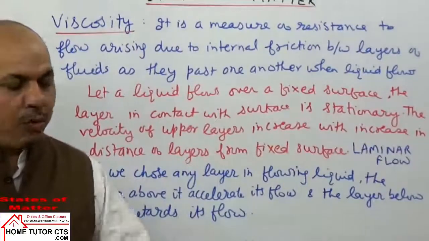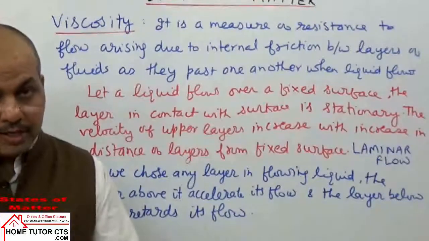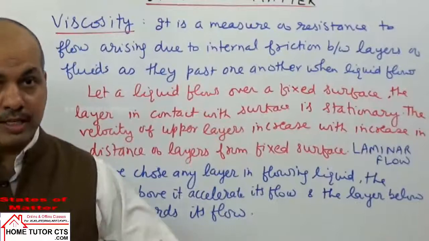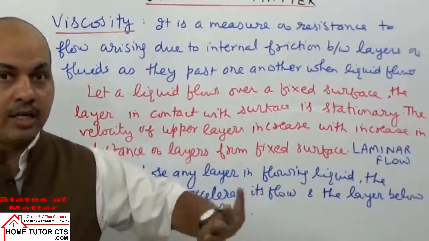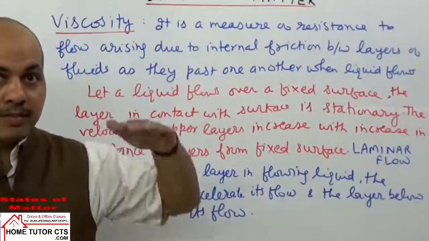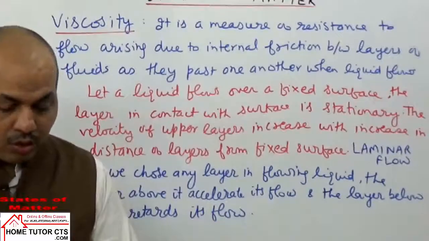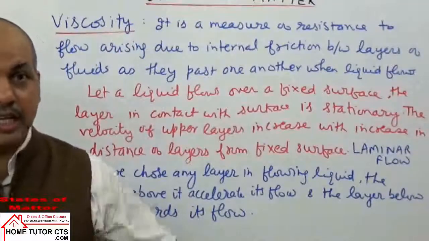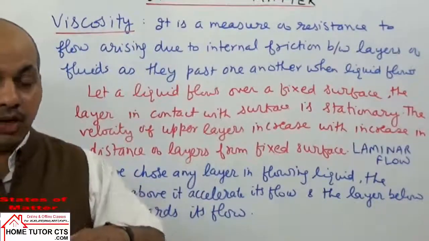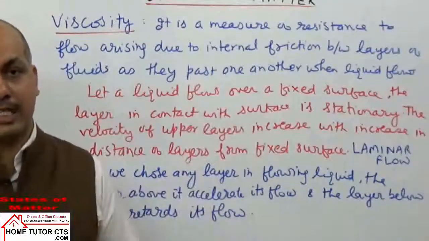We observe that the lower layers seem to be stationary, whereas the upper layers are flowing. As the distance of the upper layer from the fixed surface, the earth here, increases, the velocity of the upper layer increases.